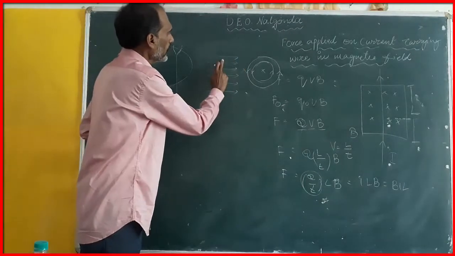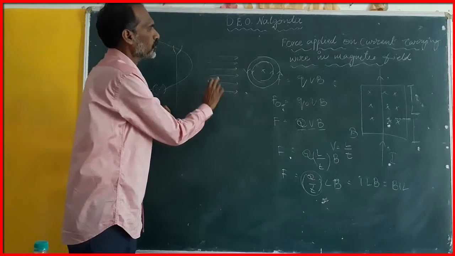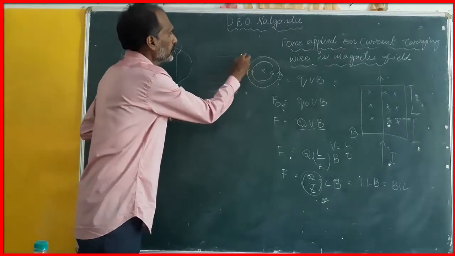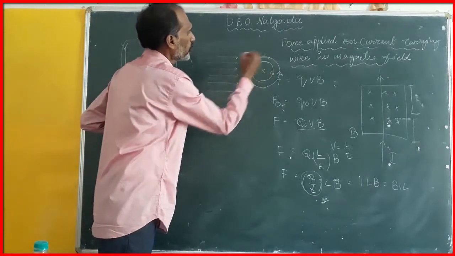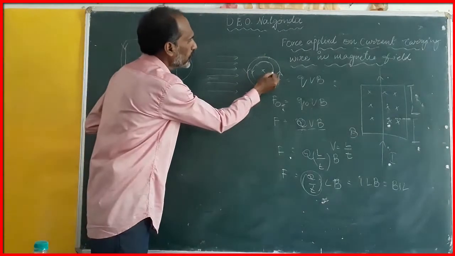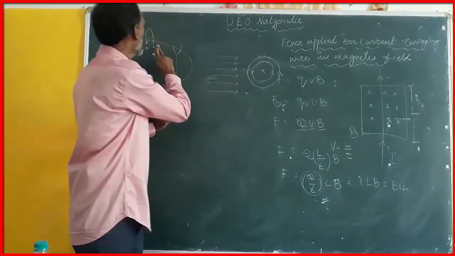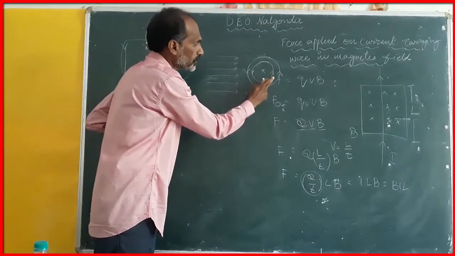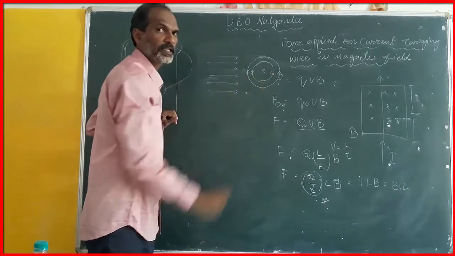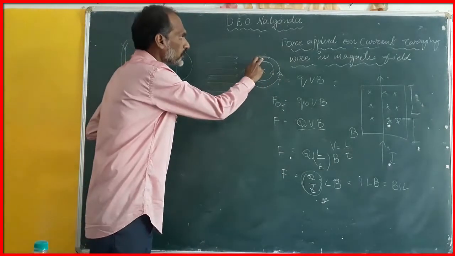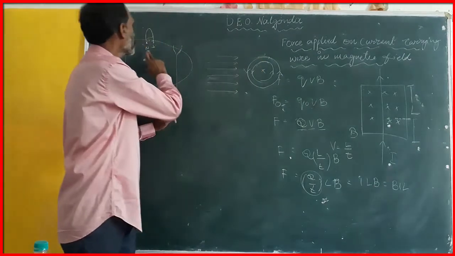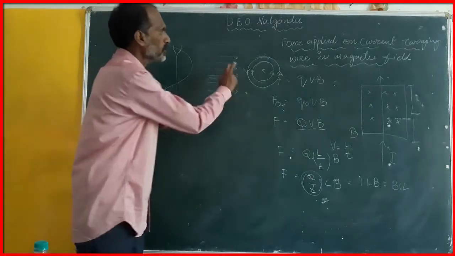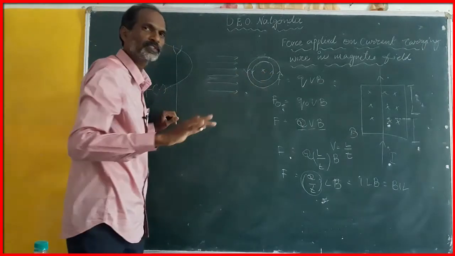As the uniform magnetic field travels towards this current carrying conductor, imagine that these lines are passing in this way, and the current carrying wire also produces a magnetic field. The direction of the magnetic field produced by the wire is opposite to the magnetic field lines produced by the horseshoe magnet. It means both the magnetic fields are opposite to each other.